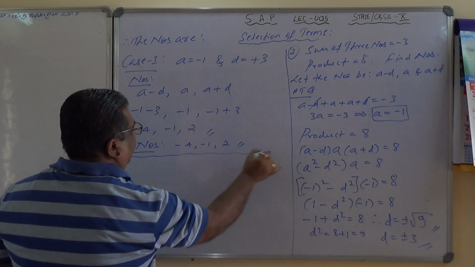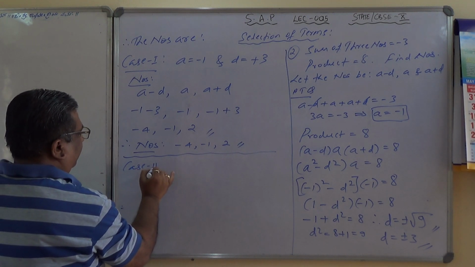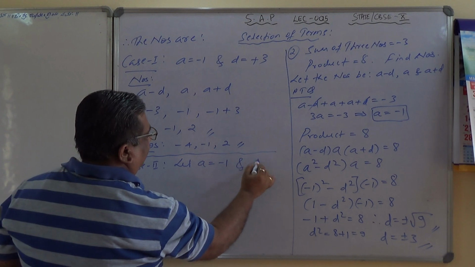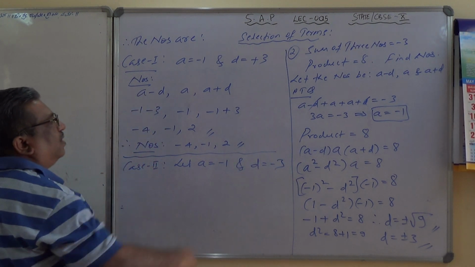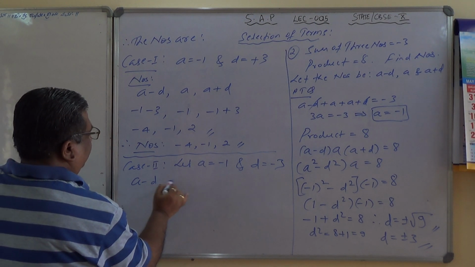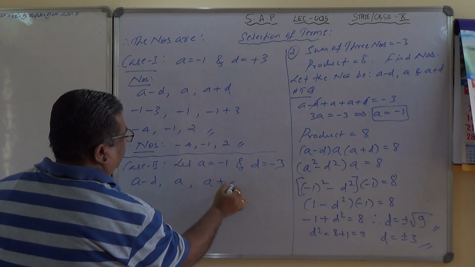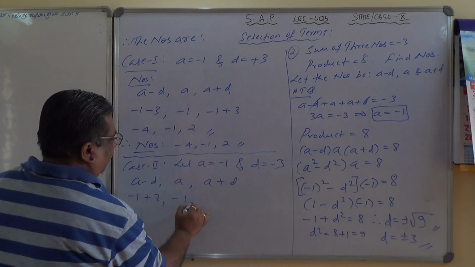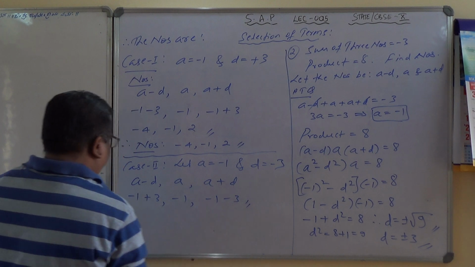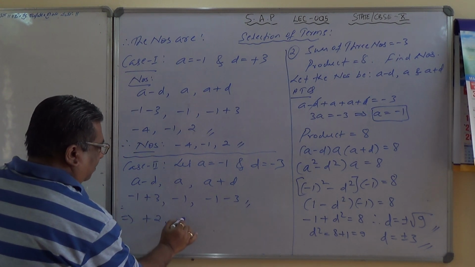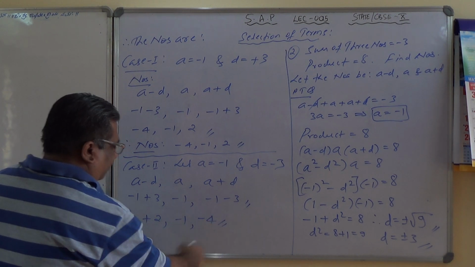Next, case 2. Let a equals minus 1 and d equals minus 3. If it is minus 3, the numbers are given by a minus d, a, and a plus d. So minus 1 plus 3, minus 1, minus 1 minus 3. Therefore the numbers are plus 2, minus 1, minus 4.